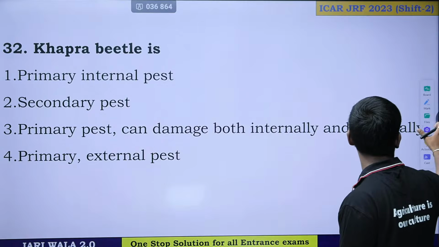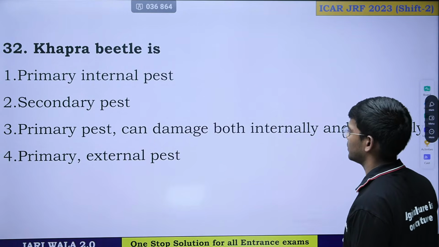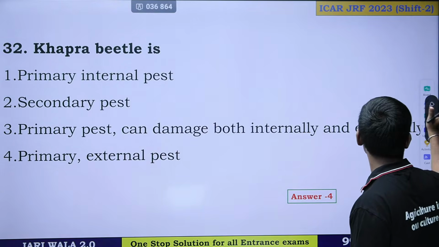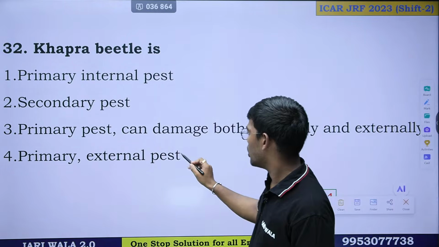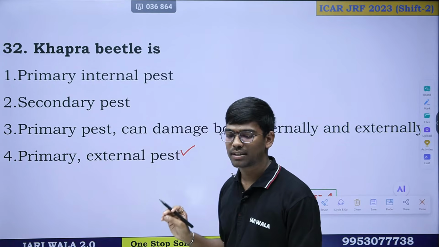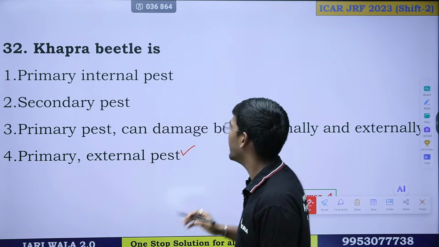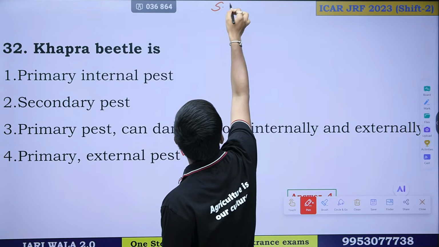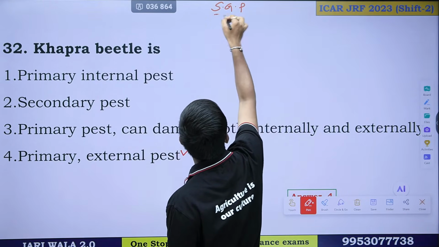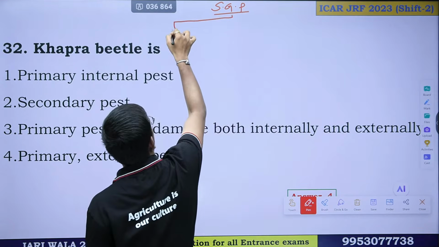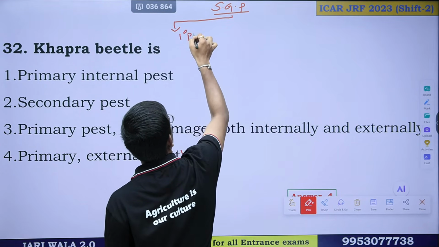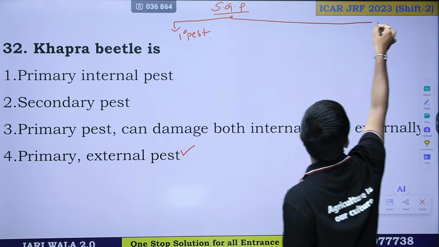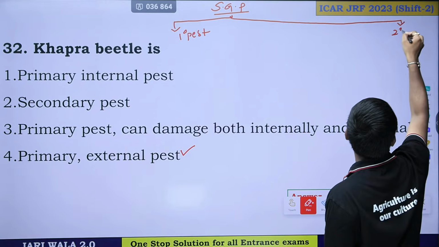So before that, we will draw a flow chart for this; there is space here itself. We are having the stored grain pest. We can write stored grain pest here. Like this, we will classify primary pest, and on this other side, secondary pest.